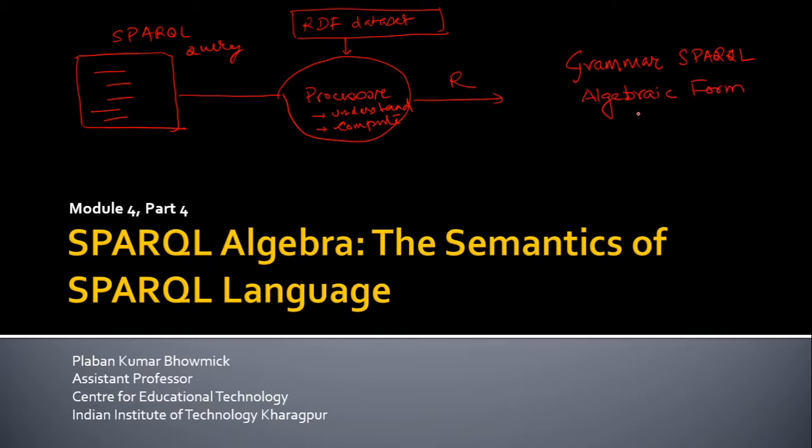Then this algebraic form will be used to compute our result. In this particular part of this module, which is part 4 of module 4, we'll be talking about the grammar of SPARQL, the algebraic form into which we can translate a query, and then, given an algebraic form, how we can compute the result. These are the objectives we have for this unit.